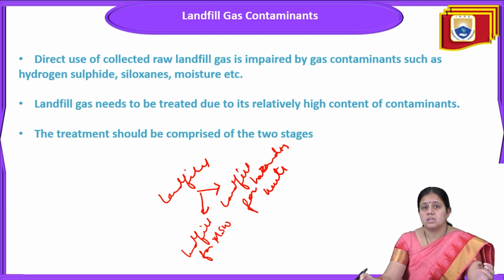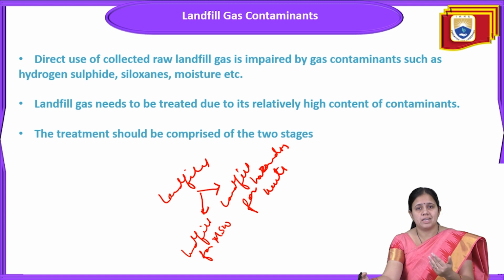So what happens in a landfill? We put the solid waste originating from any city. After putting the waste in the landfill, anaerobic reactions start inside the waste. Microbial decomposition begins, and microbes biodegrade all the organic components of the solid waste. Due to this anaerobic reaction, many gases are produced. The first is methane and the second is carbon dioxide.